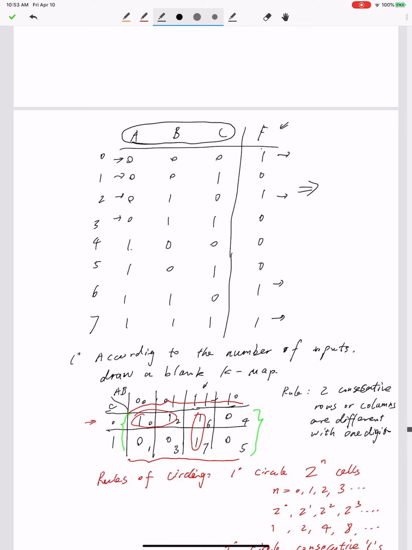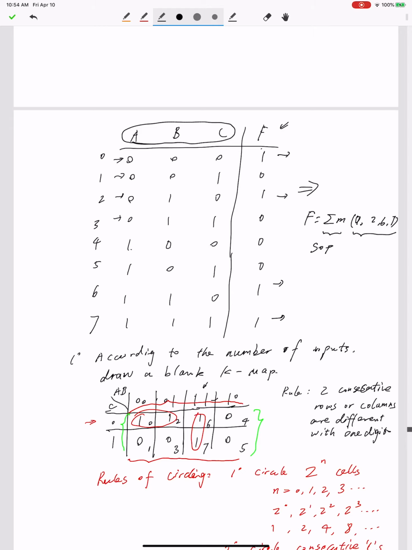So this truth table can be represented by another representation. It's called the SOP expression. F is equivalent to sum of product 0, 2, 6, 7. Okay, let me explain. SOP, sum of product, means we can write this logic expression as a sum of multiple logical products.